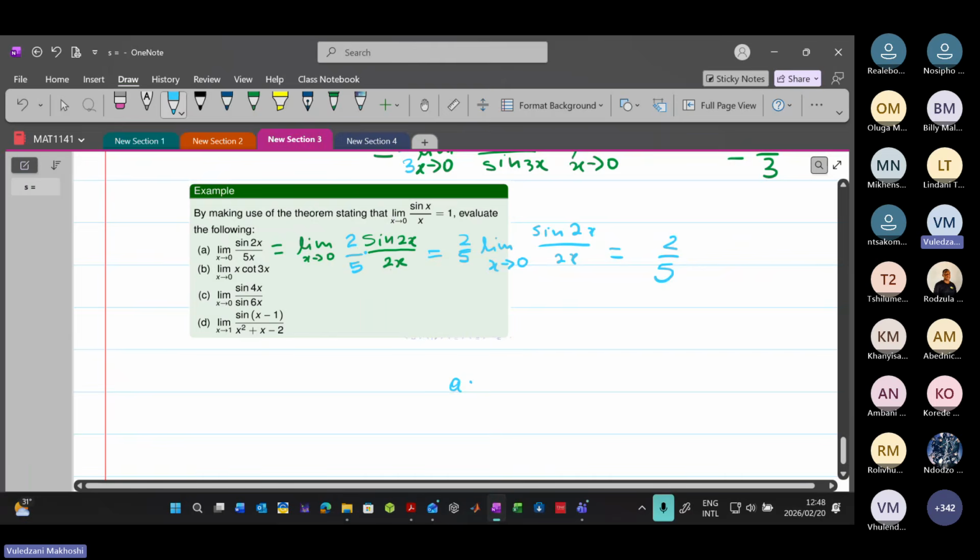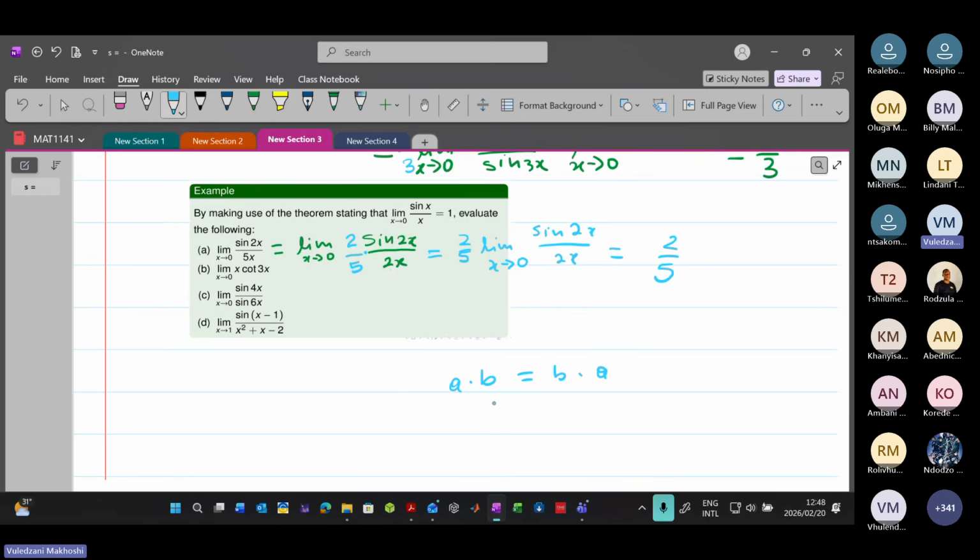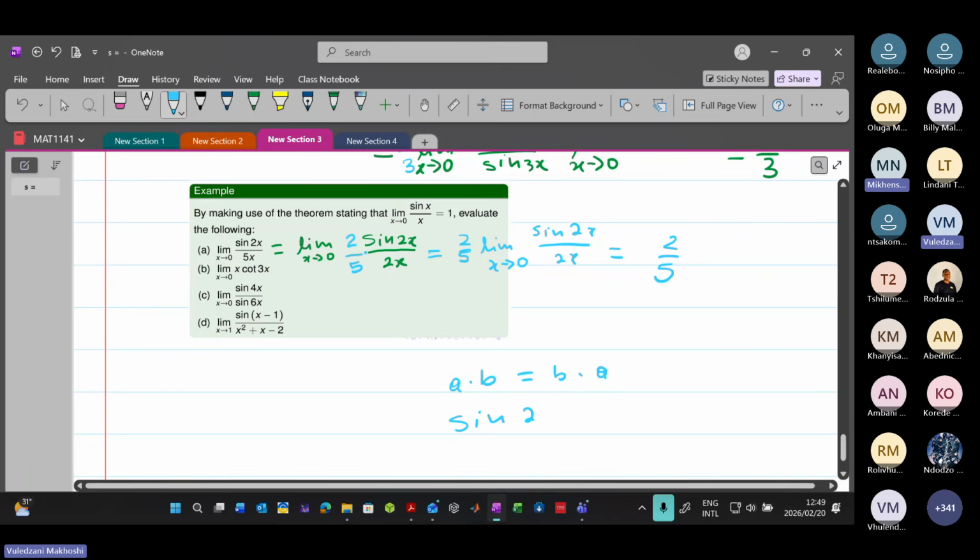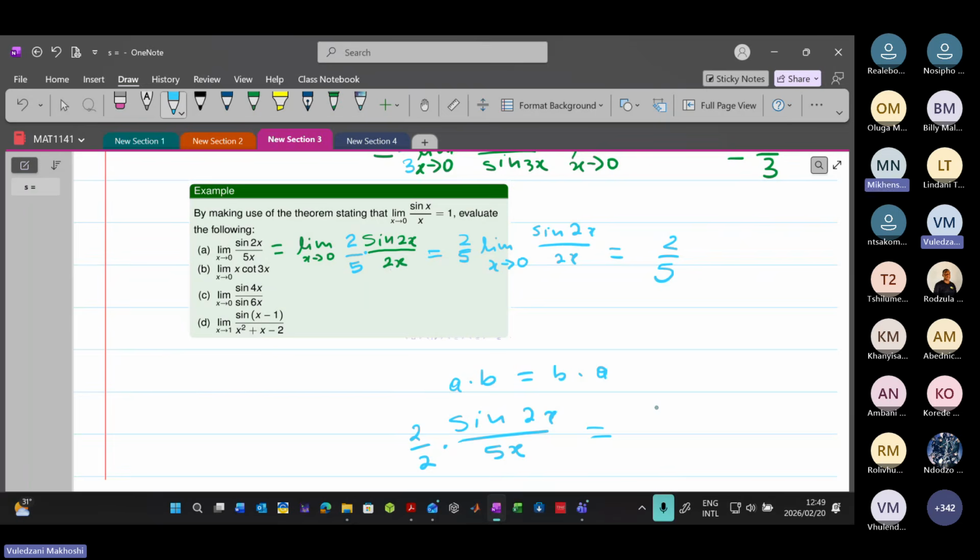If you have A times B, it is the same thing as B times A. So if I multiply by 2 over 2, then I can rewrite this as 2 sine 2x divided by, and then we swap the positions of 2 and 5. 5 comes this side, 2 comes this side.